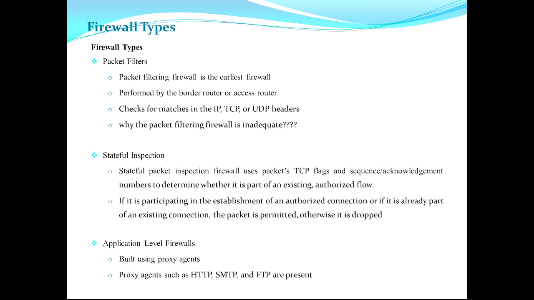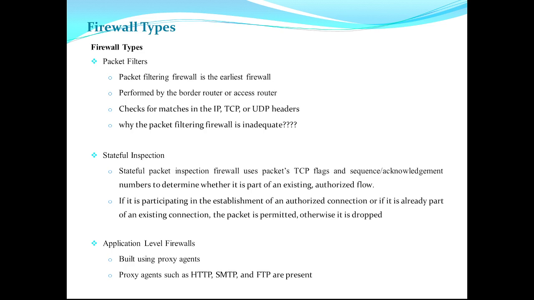Before doing that, it should first establish a TCP connection with the organization mail server. Let's call it MS, mail server. Yes, good answer, SMTP. Now let's consider the arrival of a packet with different attributes.